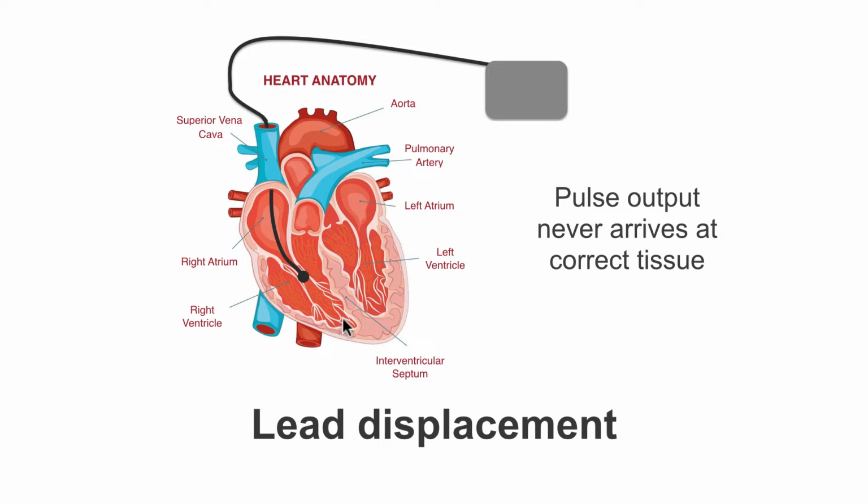In this instance, we can see the right ventricular lead has pulled away from the myocardium and is now sat in the middle of the ventricle. Because of this, the output pulse is never being delivered to the tissue that it is meant to. This is quite a common reason for an increase in pacing threshold. Having said this, you can quite often still capture the tissue, but with much higher output values.